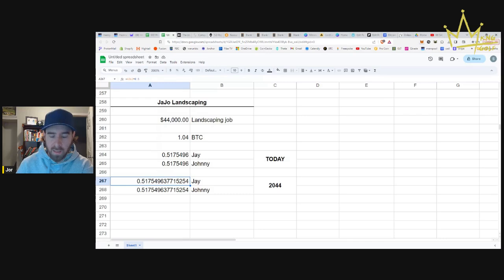Today, I wouldn't go down to all these decimal points because I don't value those microsats yet. So I would probably just round up and say $150. Let's just say it's 50,000 sats. That's not right, but let's just say that's what it is. That's what I would round to because I don't actually value those microsats yet. There might be a day where we do, but I think that's quite a ways away.